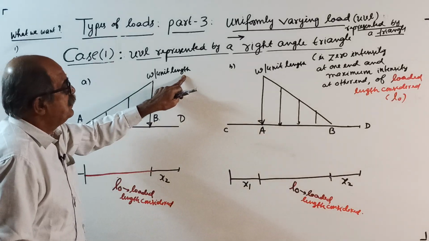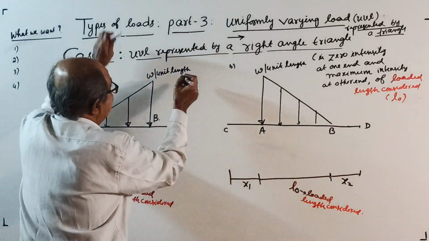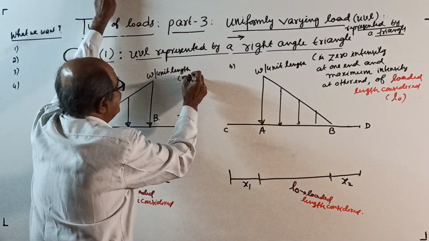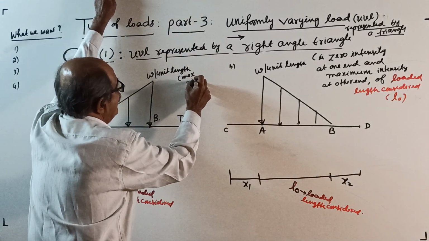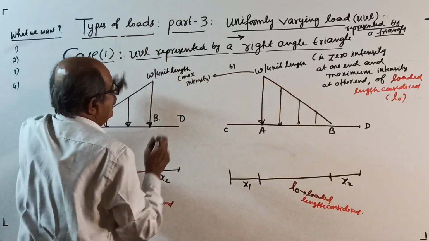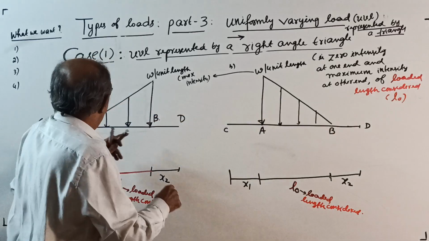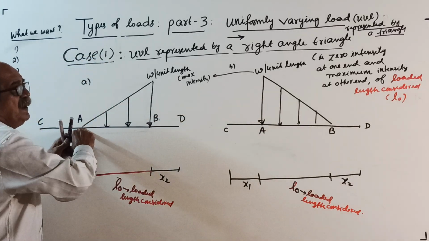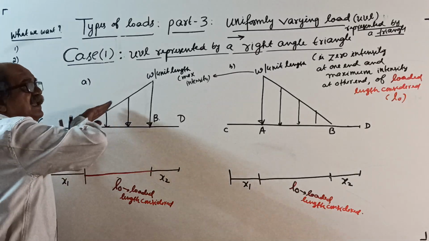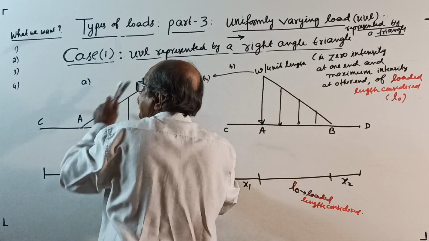So this W per unit length is the maximum intensity. You can say from left side to right side it is linearly increasing, or from right side to left side it is linearly decreasing.